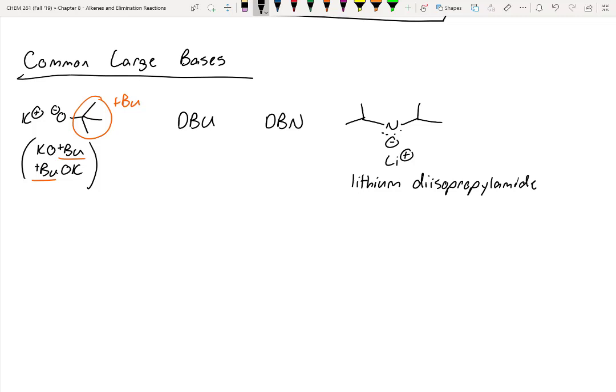Most people just call this LDA. The good thing with all of these is that these are all big bases, which means they favor Hofmann products.